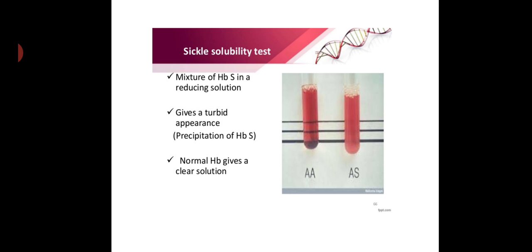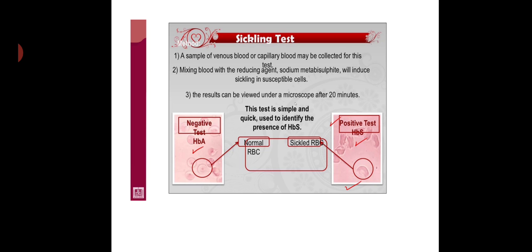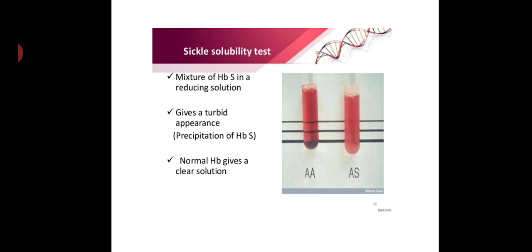The other test is known as sickle solubility test, in which again a mixture of blood and reducing solution is made in a test tube, and the sickle cell anemia patient will show a turbid appearance of that mixture, so you cannot see the lines through the test tube, while in a normal patient there will be a clear solution, so you can see the lines in the background through the test tube. So that is known as sickle solubility test. In this test you don't require a microscope, but the sickling test is more sensitive than the sickle solubility test.